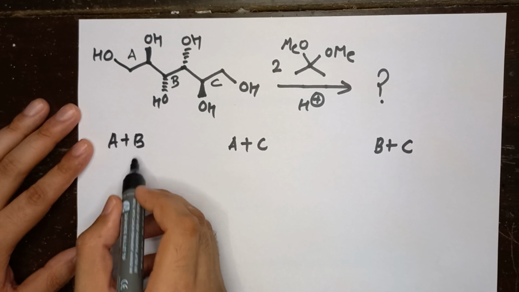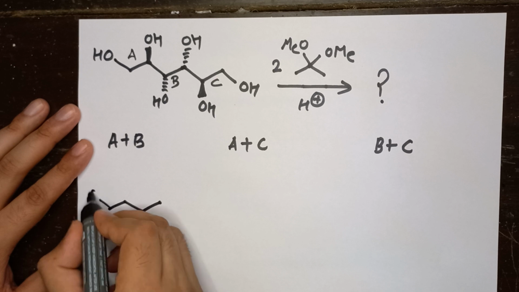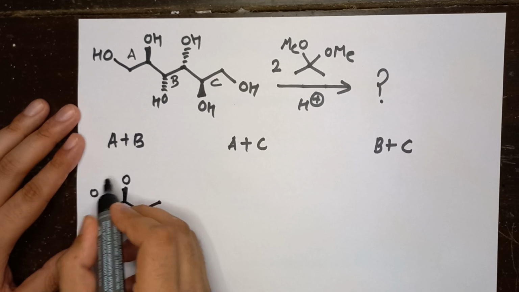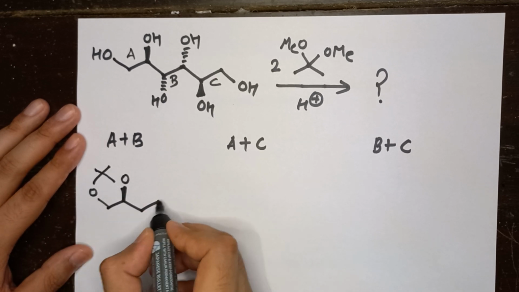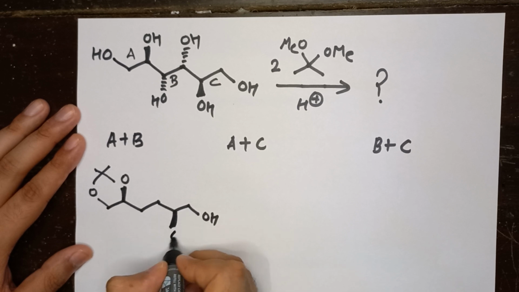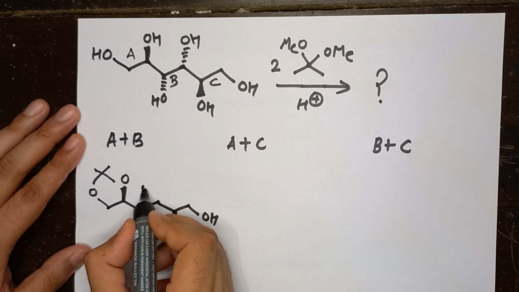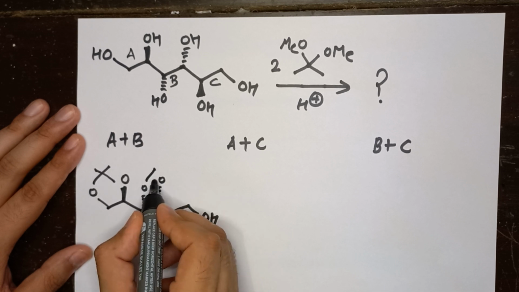So if I do A plus B, the product will be this: this O and this O I am protecting. I am not touching the C part. I am only touching the A and B part, and this O can be protected. Both are below the plane, so no problem.